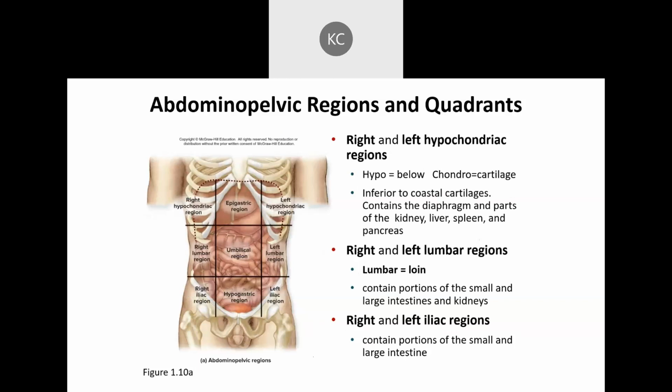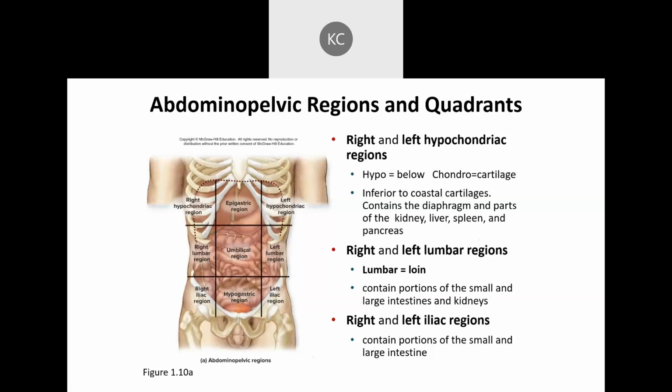All right, so hypochondriac is referring to beneath or inferior to cartilage. Well, what cartilage are we talking about? Well, it's actually our costal cartilage. The term costal means rib. Okay, so here we have our ribs. If you look here on this image, here's our rib. These structures in yellow, this is the actual bone. So this is the actual rib. And then this one you see in this lighter white or light blue color, this is our costal cartilage.